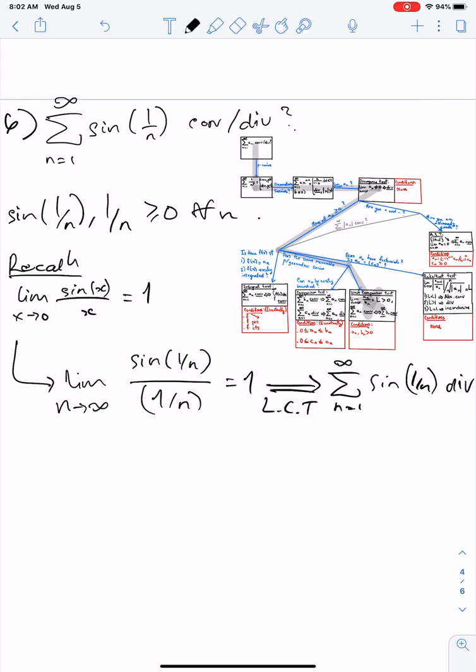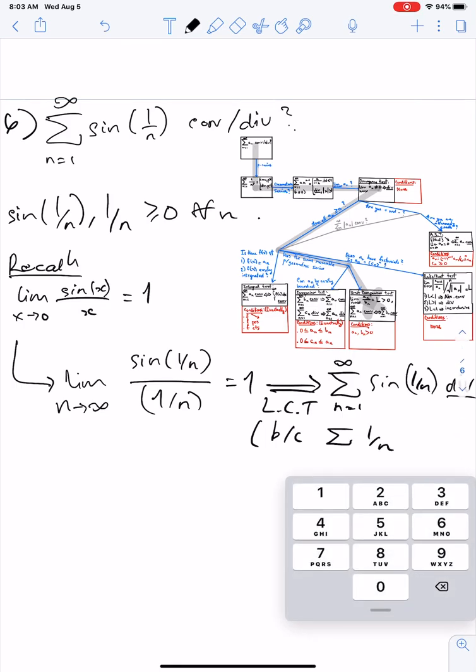Okay? Because the infinite series of 1 over n is divergent. So again, is it not clear? So this is divergent because of the infinite series 1 over n. This is the harmonic series.